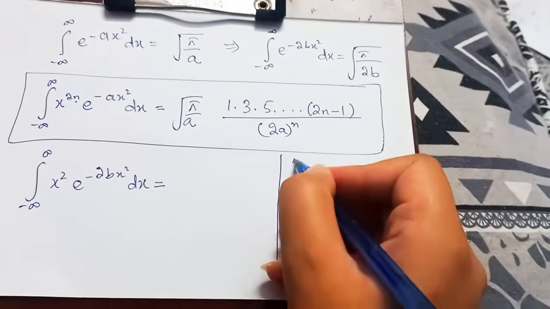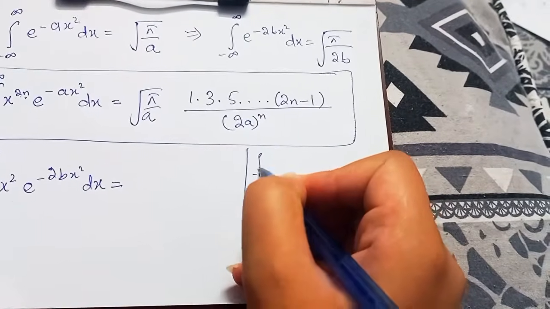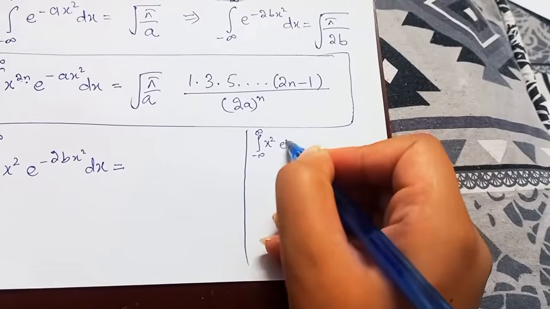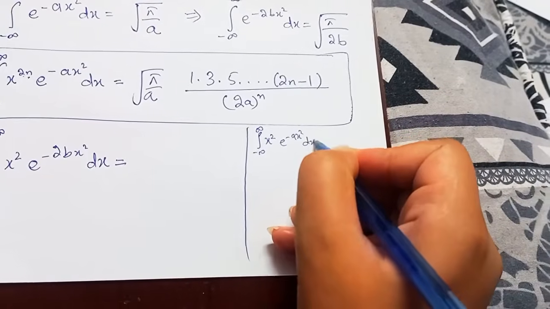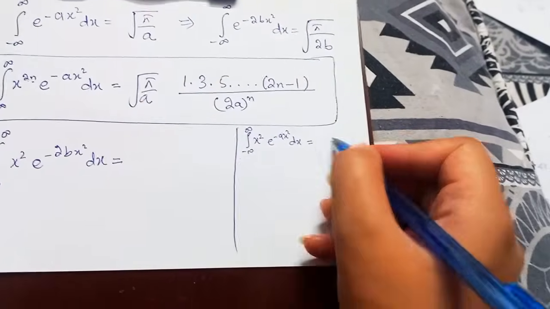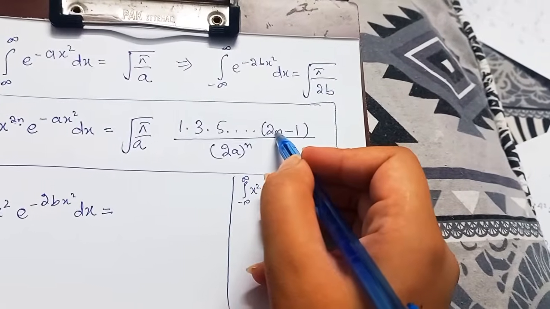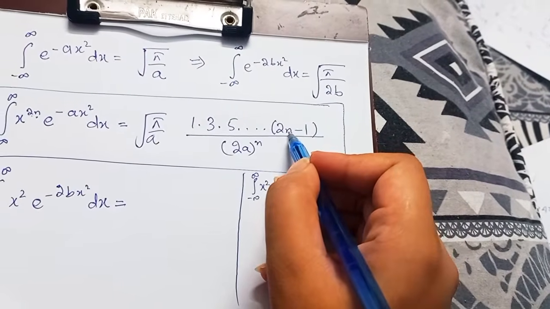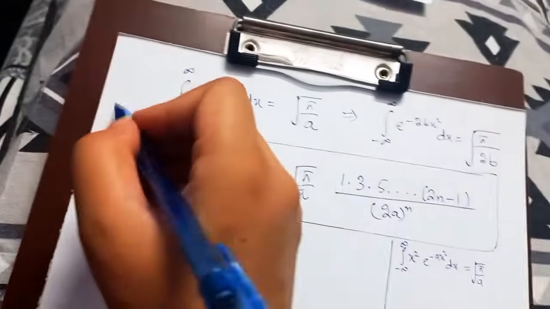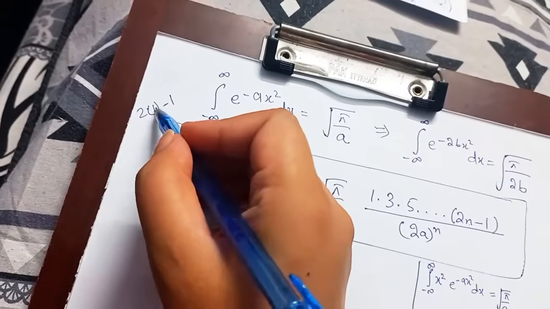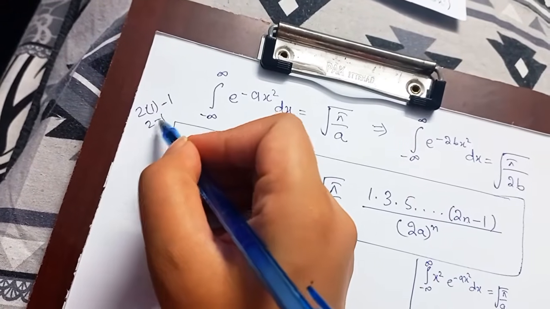Doing so, it will make it the integral from minus infinity to plus infinity of x square e to the power minus ax square dx. Next, putting pi by a. Now here we need to put the value of n first. If we put n equal to 1 here, this is what we will get. 2 ones are 2, 2 minus 1 is 1.